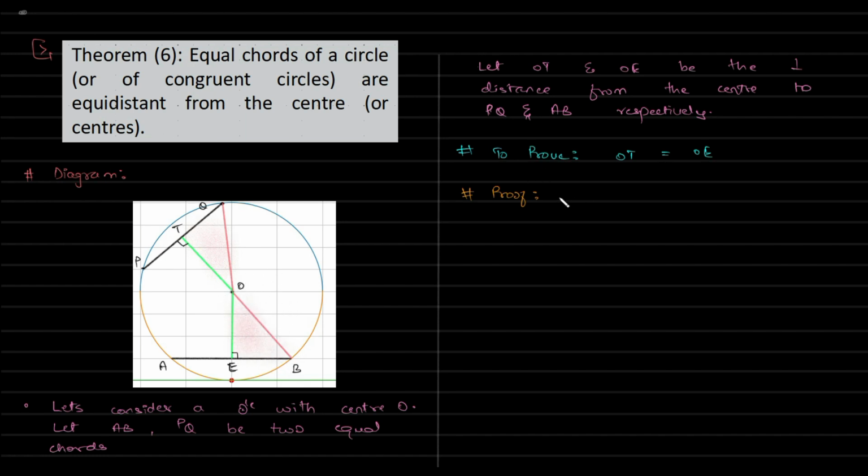I'll give you guys one more clue. Let AB, which is equal to PQ, be equal to 2x. That's your clue. I hope you try to think over how to go about doing this. So let's look into this now. I took AB and PQ as 2x.